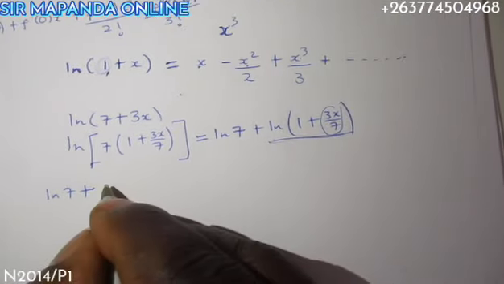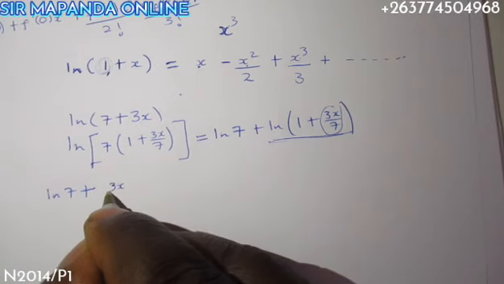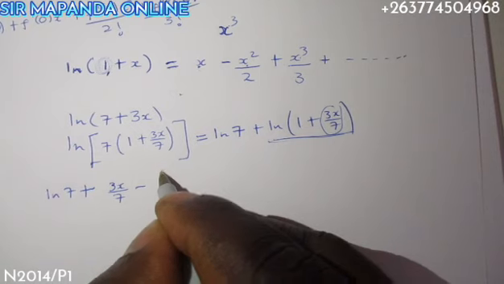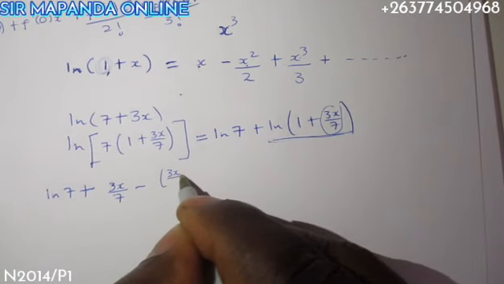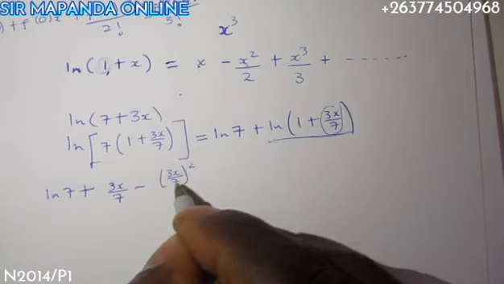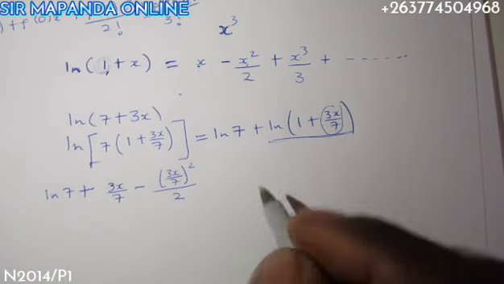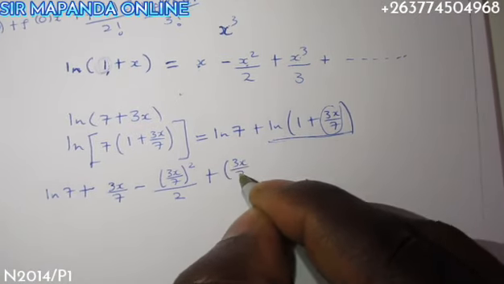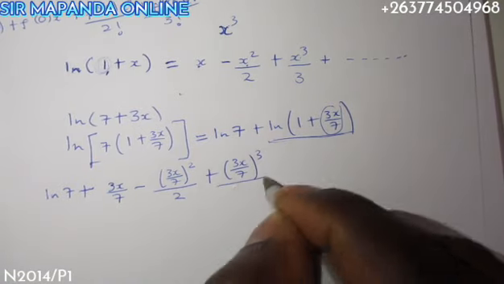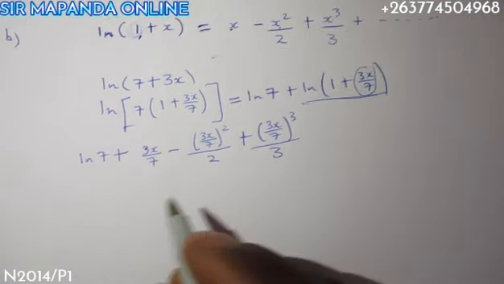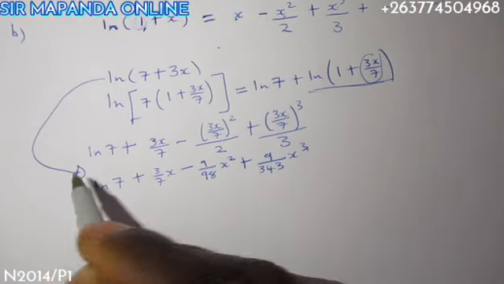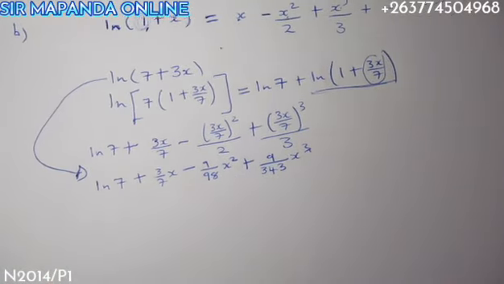So x is 3x over 7, minus 3x over 7 squared over 2, plus 3x over 7 cubed over 3. So this is representing ln of 7 plus 3x.